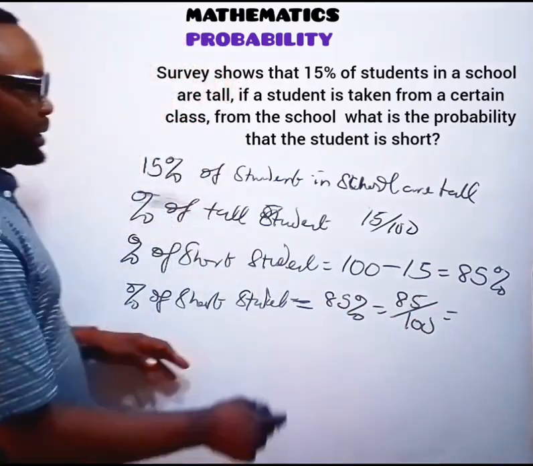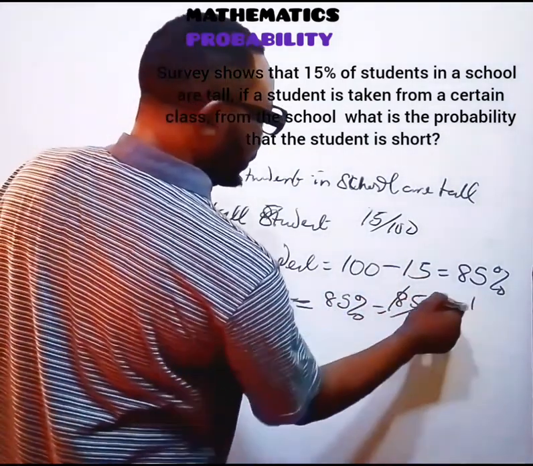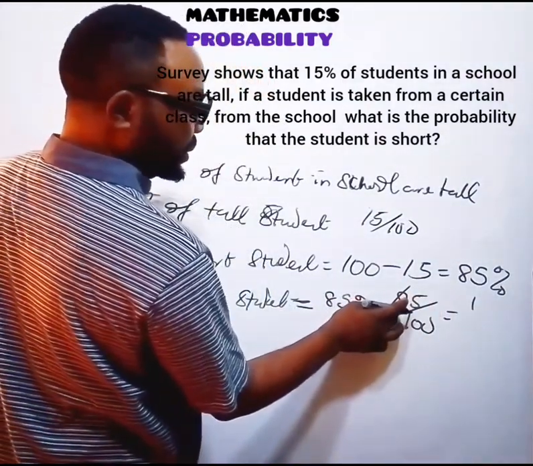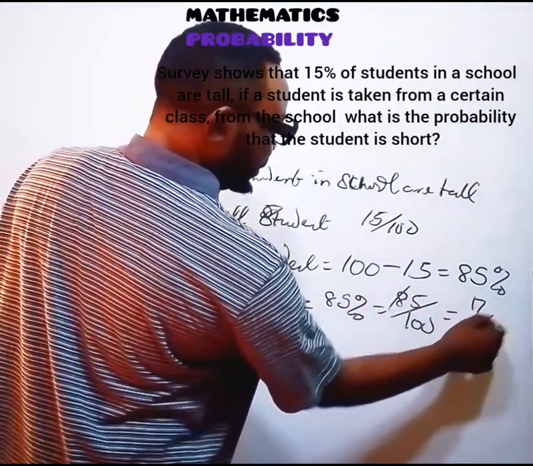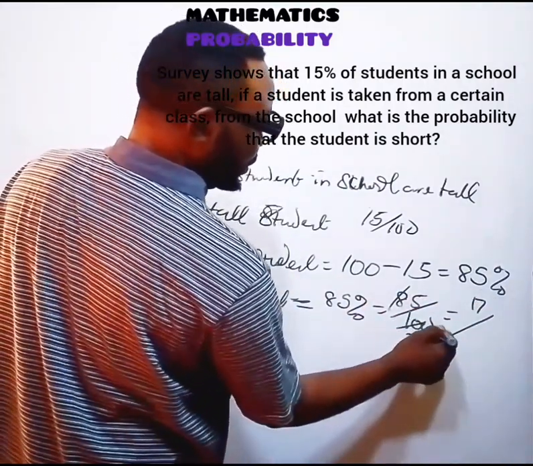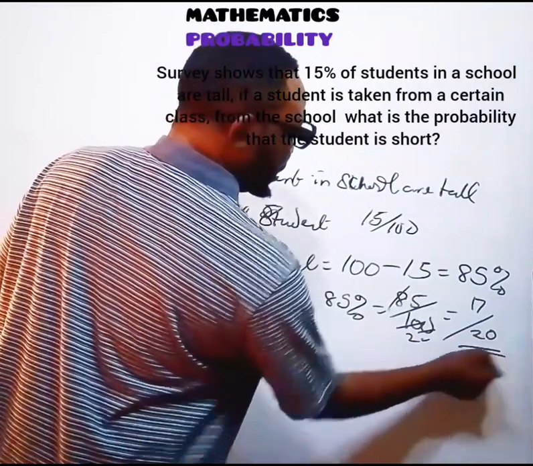If you divide this by 5, you get 17 over 20. So that is the answer.